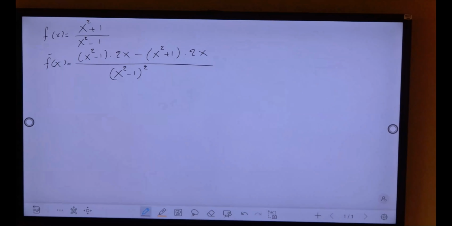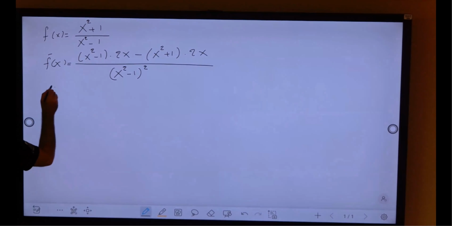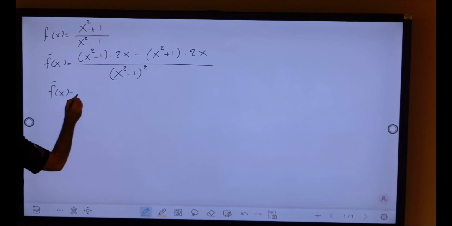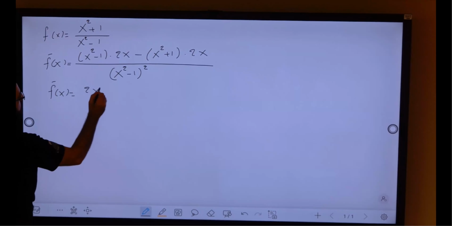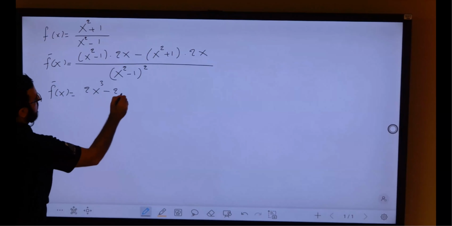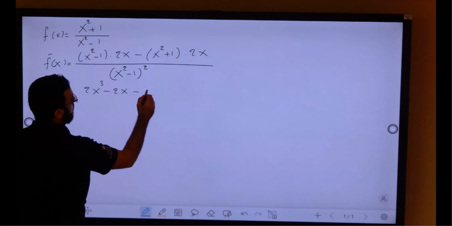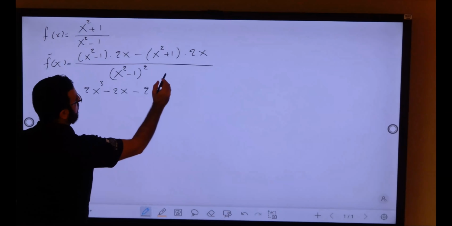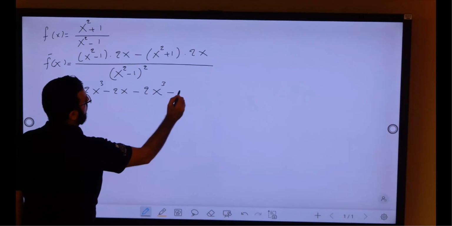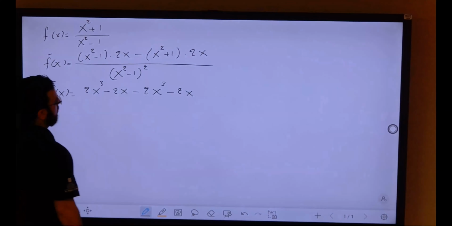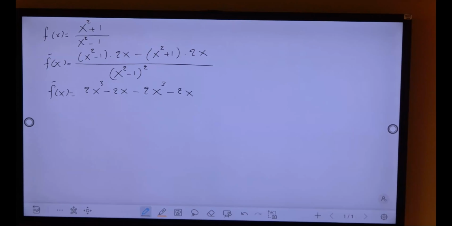Next step, you're not going to find the second derivative right away. You have to simplify the first one. How are we going to simplify this one? 2x cubed minus 2x, is it going to be 0? Wait, minus 2x cubed minus 2x. Are we supposed to distribute the negative sign?